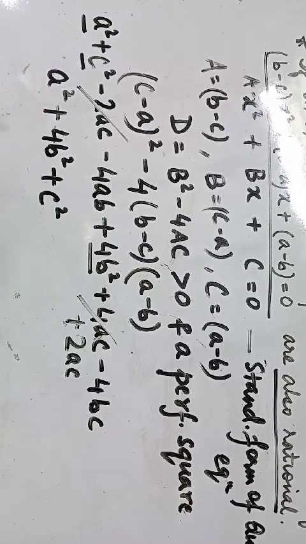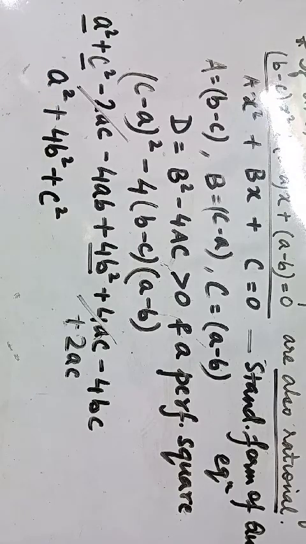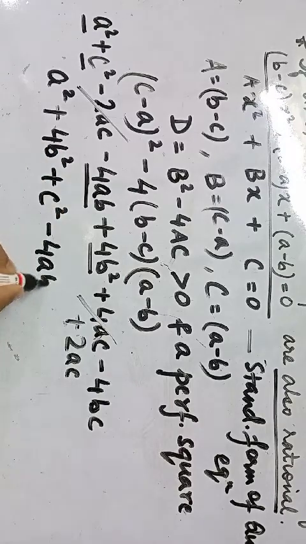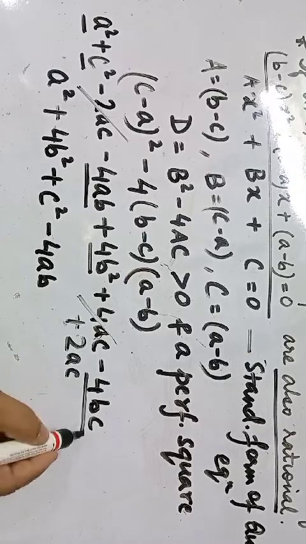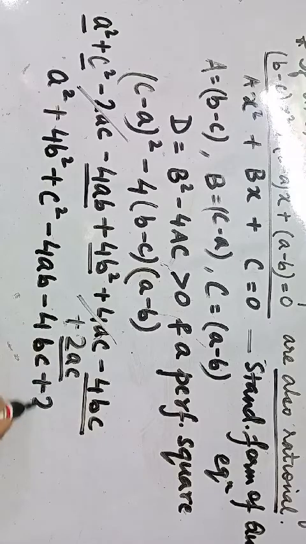So all these square terms I have put together, and they have gone. Now what am I left with? I am left with this term minus 4ab, then comes this minus 4bc, and then comes this last term plus 2ac. Okay, so this is what I have got.